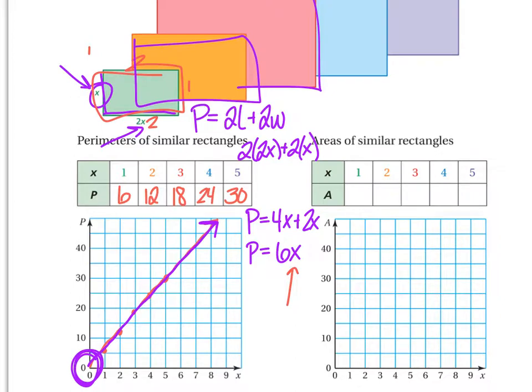Now let's look at what happens to the area. Now I know for the area of a rectangle, I'm supposed to do length times width or base times height. In this case, x times 2x would give me area equals 2x squared because I'm multiplying 2 x's together. Well, this definitely is going to be nonlinear because of the exponent there.